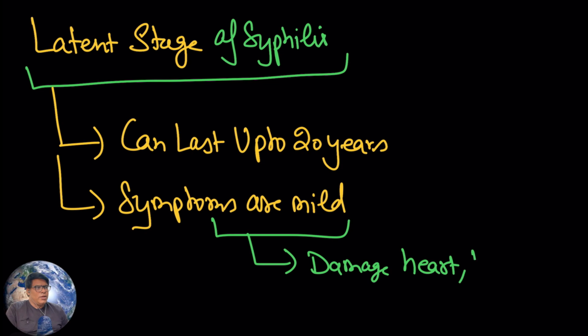In the individual, you are going to have mild damage to the heart, mild damage to bones, and mild damage to the nervous system. Okay, so this is about the latent stage of syphilis.